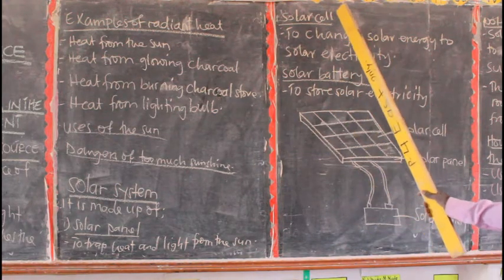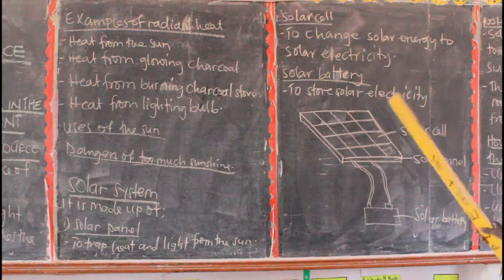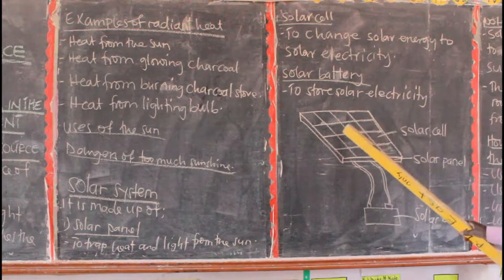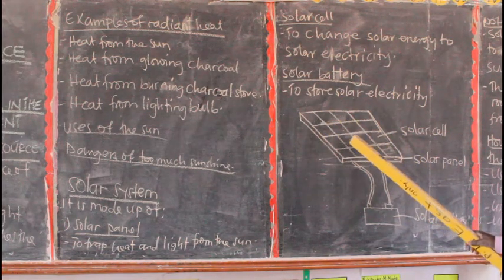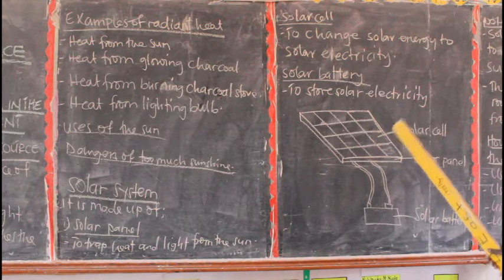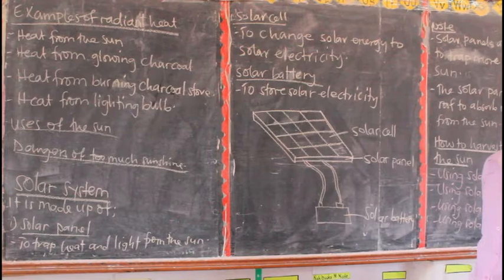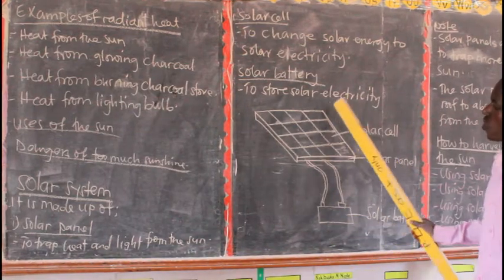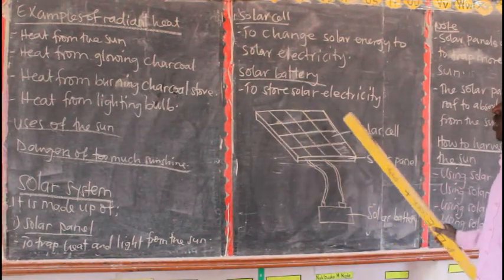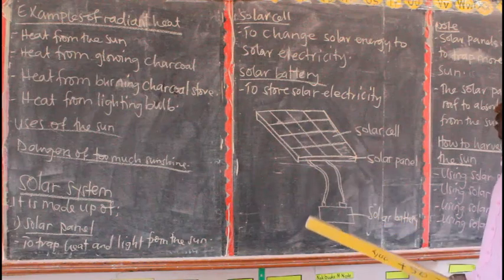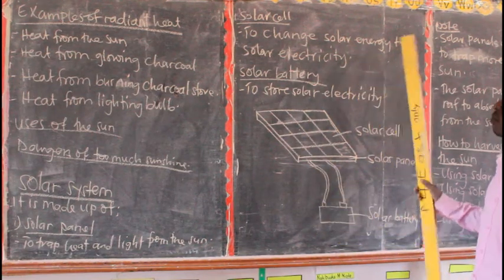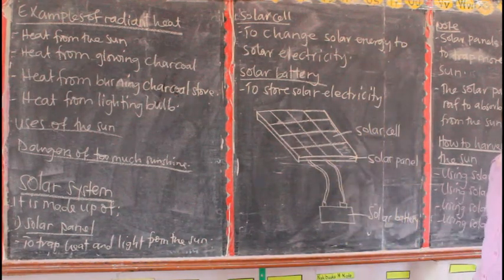Then we have the second part called the solar cell. These are the solar cells, and they are mostly painted black when you look at the solar panel. The solar cells change solar energy to solar electricity. After the panel gets this light energy or heat energy from the sun, the cells convert that solar energy to solar electricity.